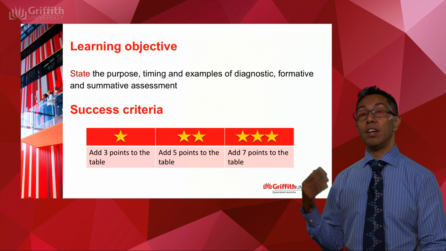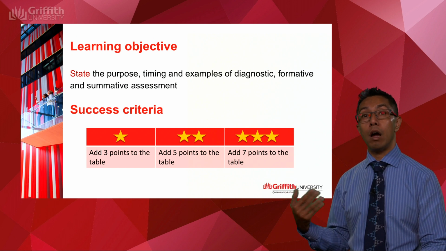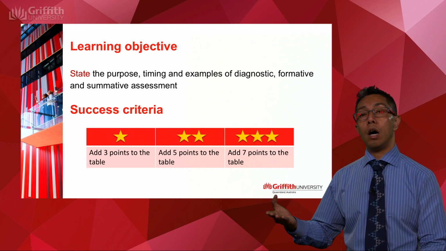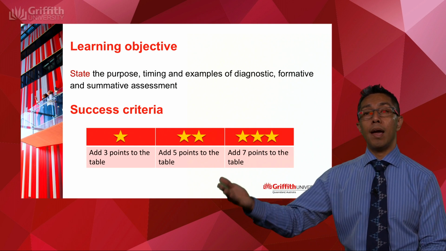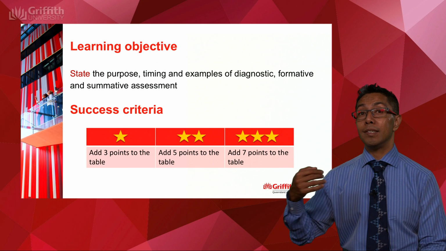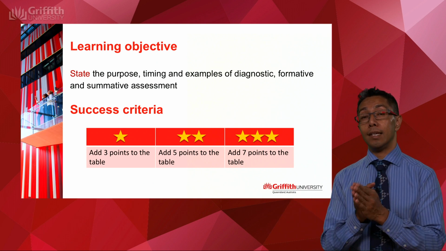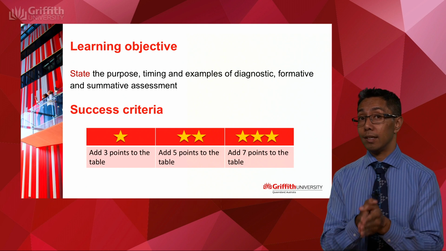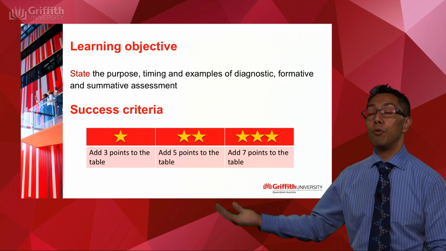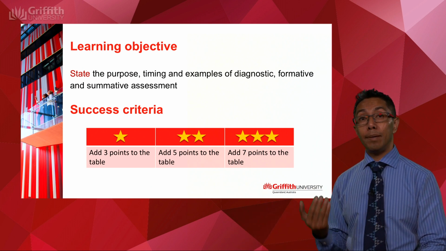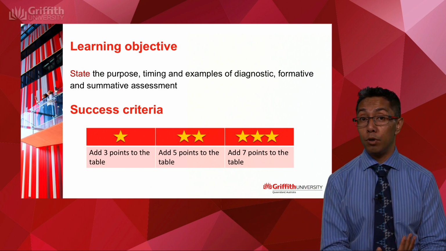Okay? Now what's different here is the success criteria or the WILF. So this is how I'm going to have you judge whether you've been successful in learning the material in this lesson or in this lecture. Okay? So there's a table coming along in a moment. If you are going to aim for a 1 star, then you're going to add 3 points to the table.